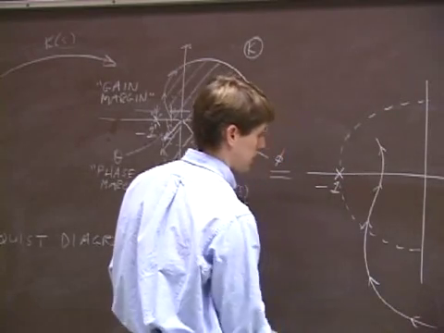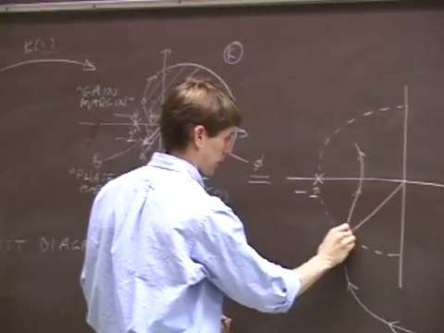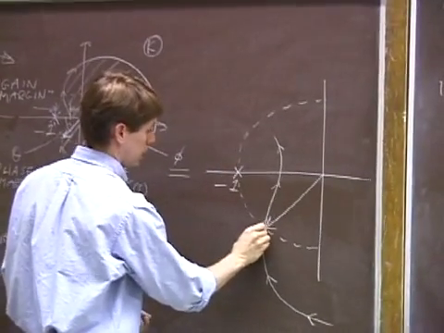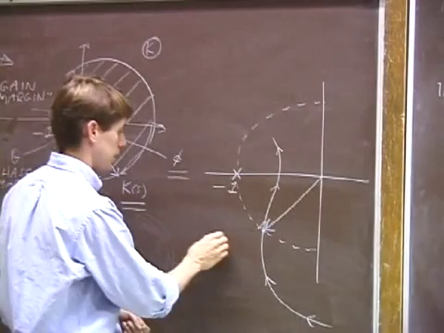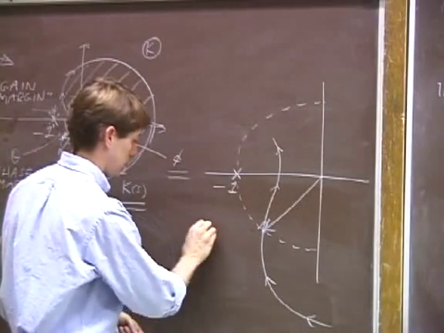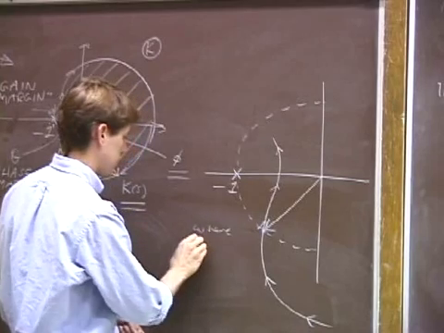That is the map. And whatever omega corresponds to this point on the boundary, this is the unity gain frequency. Omega here.